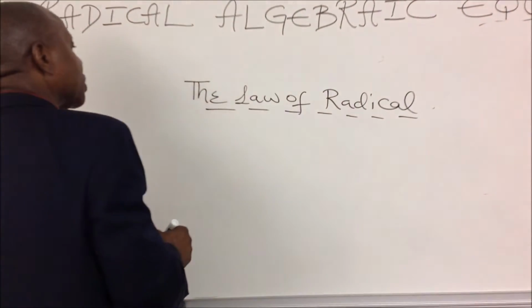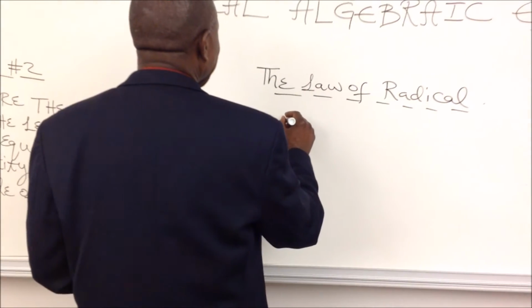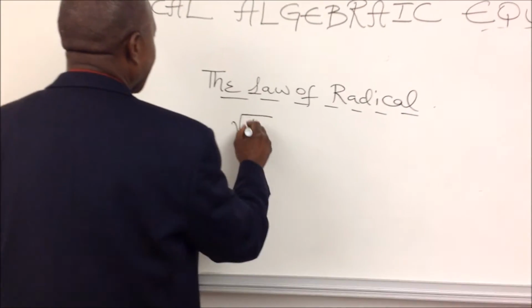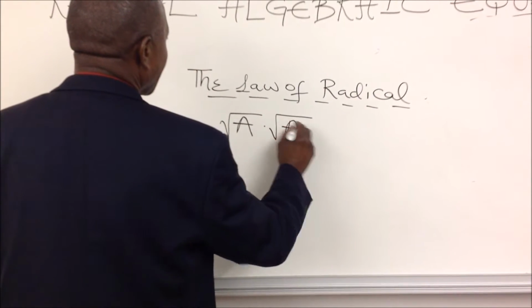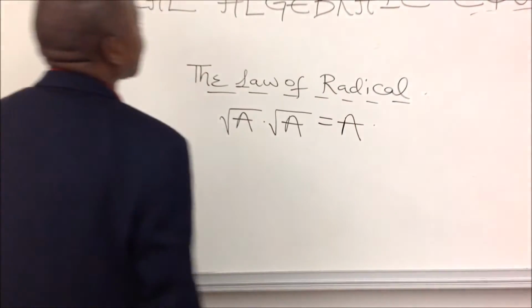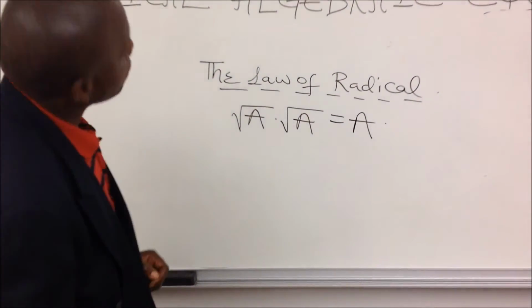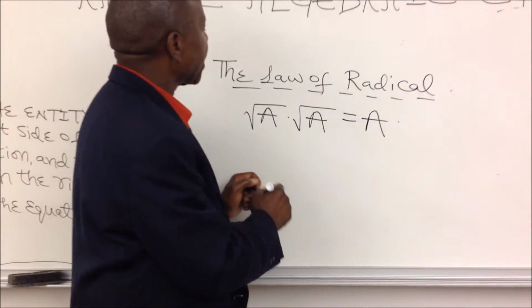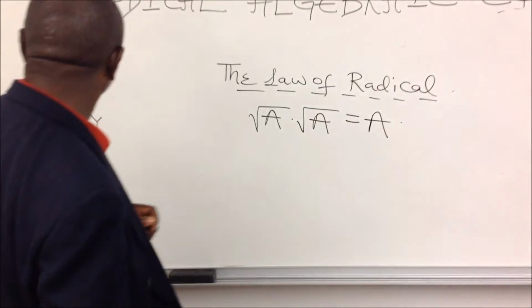Law of radical says that if you have the square root of a times the square root of a, this will be a. Since in this case we have a square root. So if you take a square root of a and multiply by square root of a, you must get a.